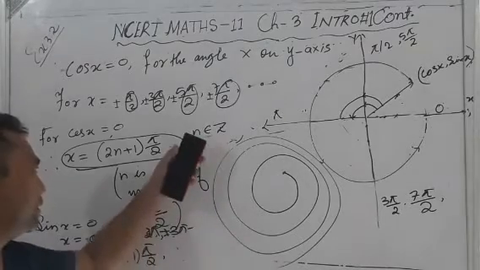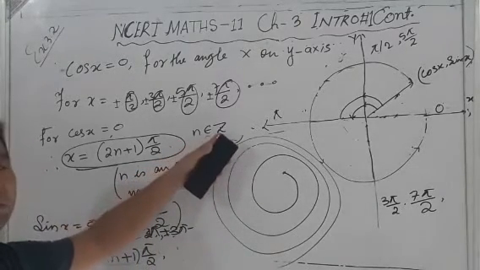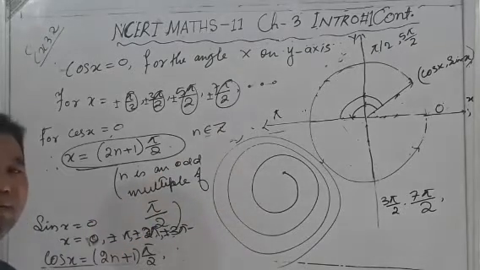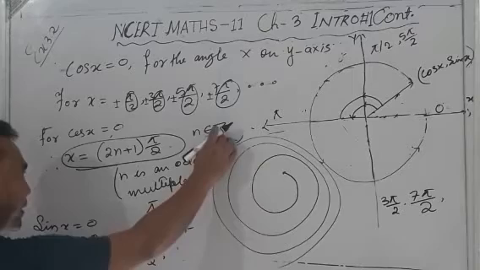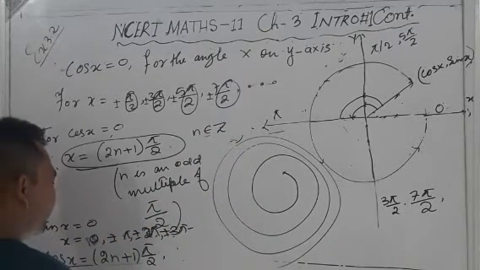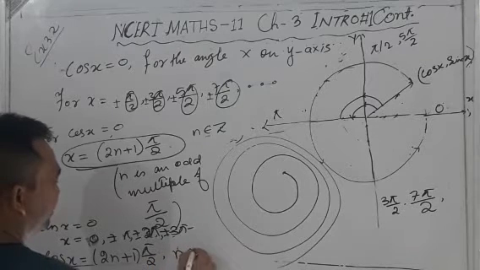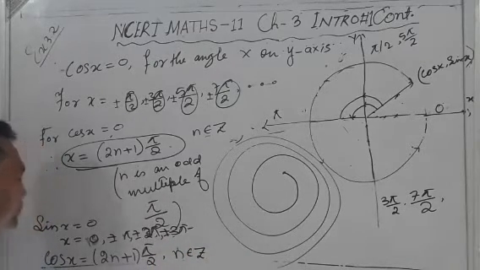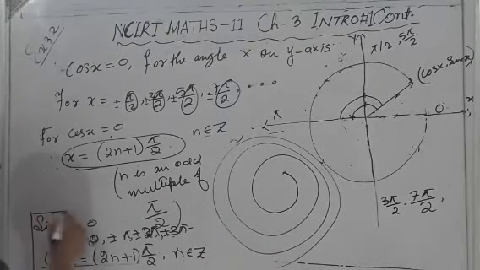An integer, either positive or negative. So here also you can write n belongs to that. You have to remember these two conditions.